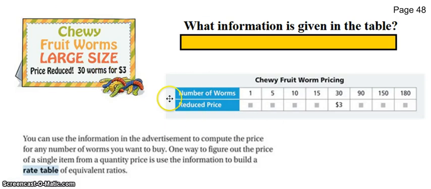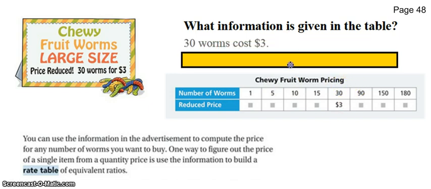This is called a rate table, or you might hear it called a ratio table, or a table of equivalent ratios. So the information that's given in the table is right here: 30 worms cost $3. So we need to use what we know about equivalent ratios to figure out the rest of the prices.